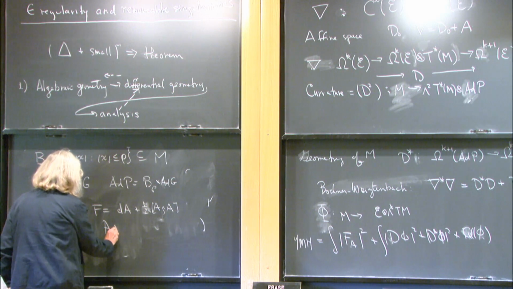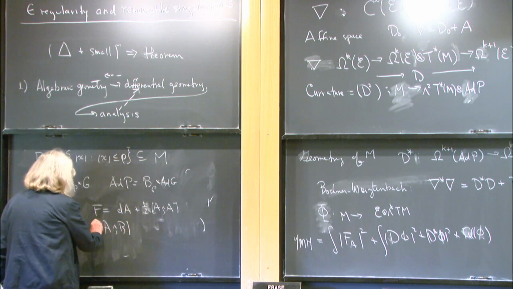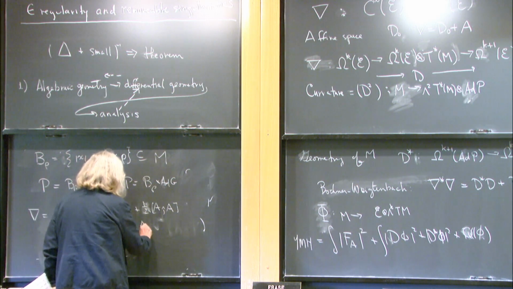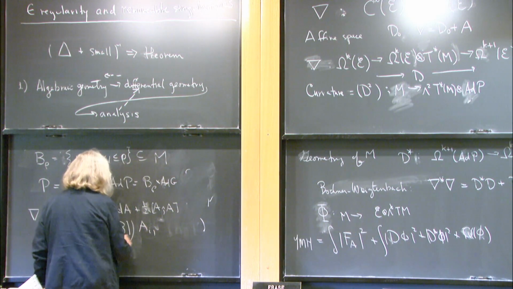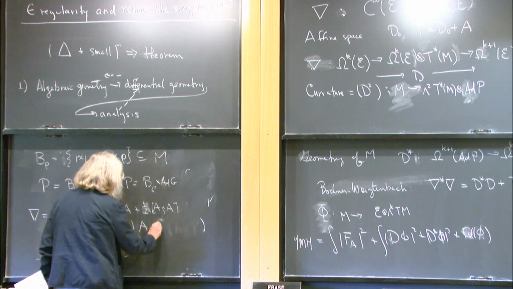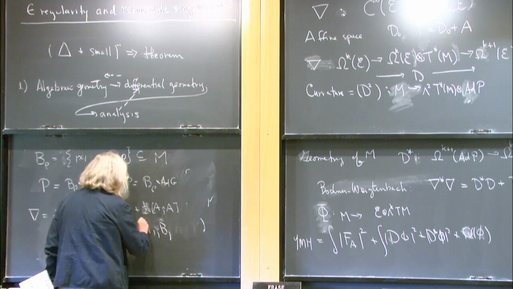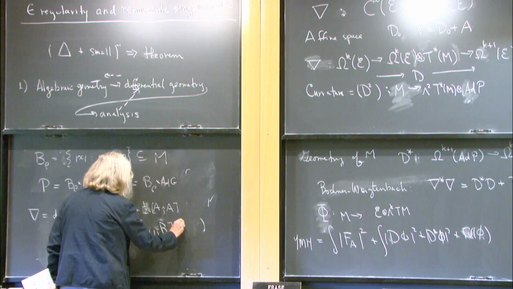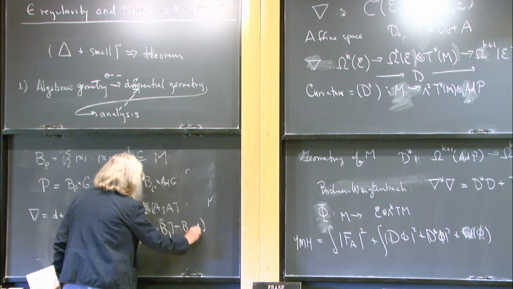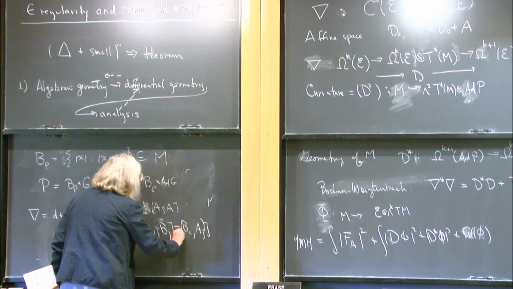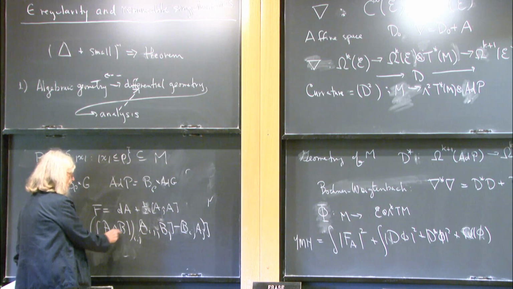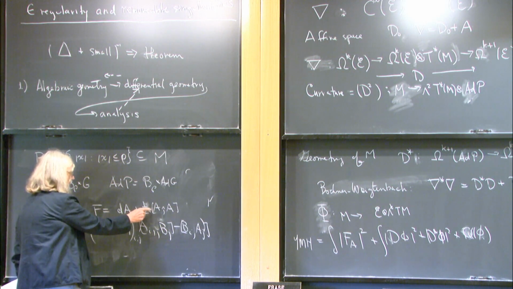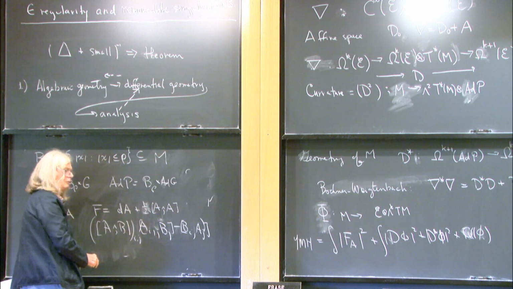That is A bracket B, in the coordinates ij, is a_i b_j minus b_i a_j, which is a well-defined object. This is the Lie algebra bracket. If you check this out, that has to be a half there.